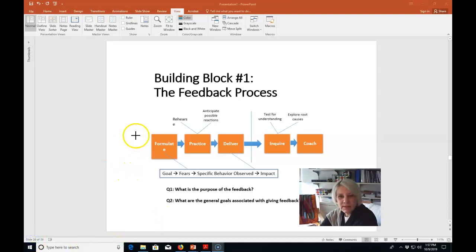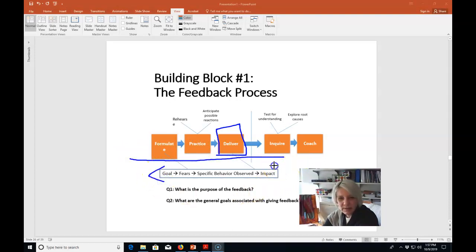So if we look at this process, we want to think through what we're trying to accomplish here. And an important thing to note right away is that delivering the feedback is already quite a bit down the way in the process here.